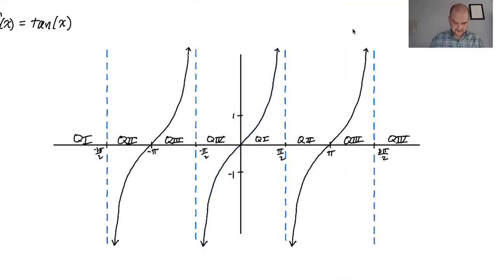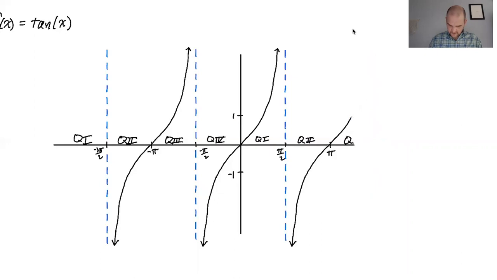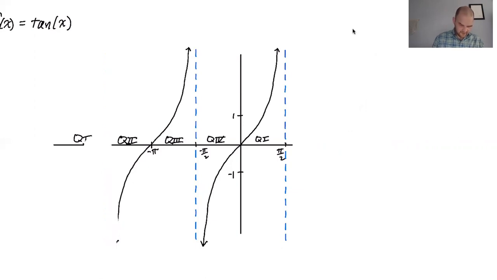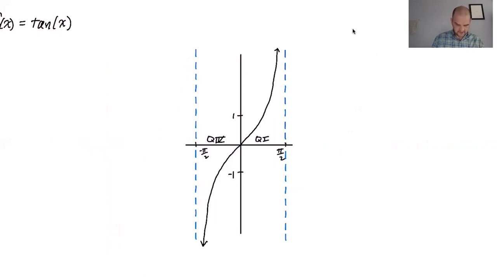So let's just start erasing. Let's not belabor the point here. Everything must go, basically, except negative pi over 2 to pi over 2. You keep the asymptotes because they're important. The vertical asymptotes of the tangent graph have equations x equals pi over 2 and x equals negative pi over 2.